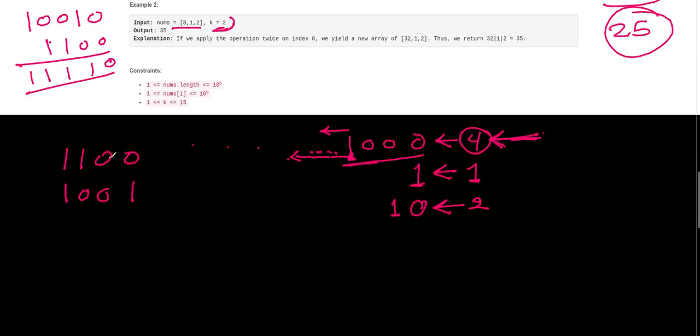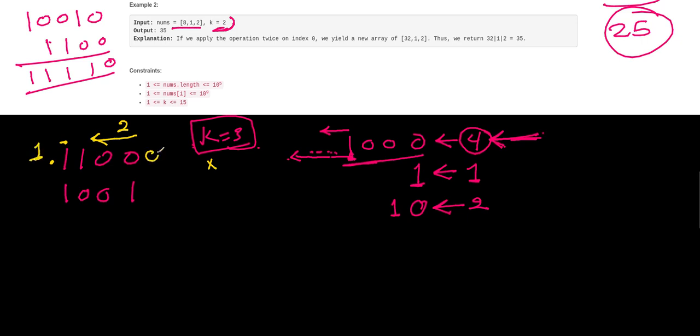Now which one do we need to use? Let's say k equals 3 instead of 1. For the first one we use, it doesn't matter, so let's say we take this one, and after multiplying it the first time, we shift everything to the left, so this one gets a 0 added here and becomes the number with the highest number of digits.